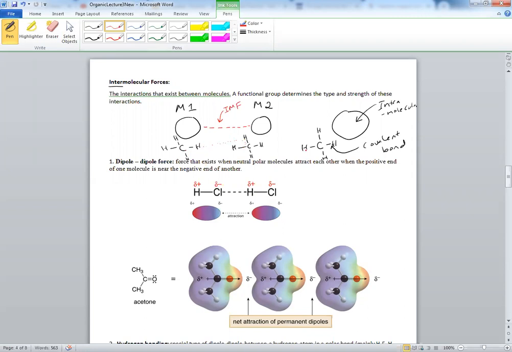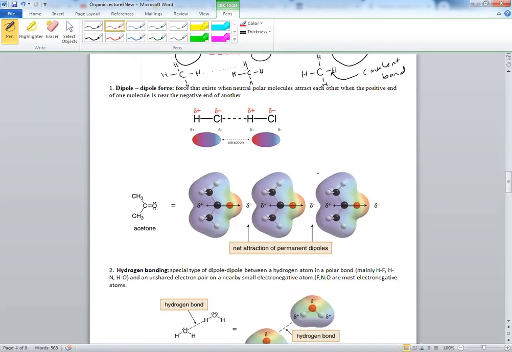Okay, let's look at the three types. You have dipole-dipole. So from the difference of electronegativity from basic Gen Chem, Cl has an electronegativity of 3 and H is 2.1. So when they're aligned this way, the chlorine, or the chloride in this case, is a delta minus.